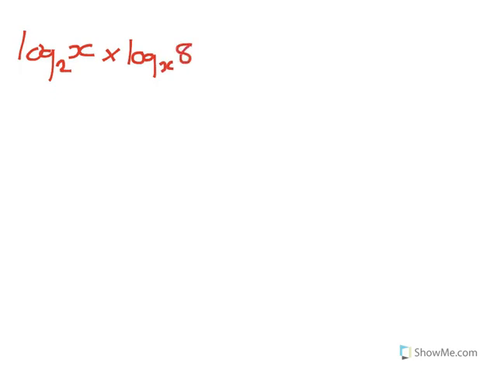Now, when it comes to this method, I just want to remind you of something. You can see the bases are not the same, and the key thing there is to match the bases. Either you make this one equal to the base of x, or the other one equal to the base of 2. For example, let me choose this one and make it in base 2.